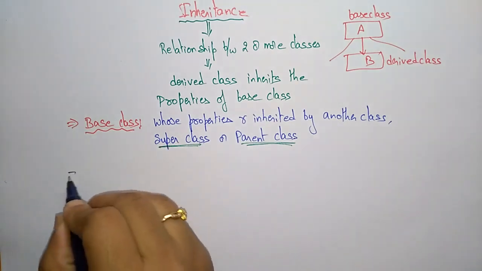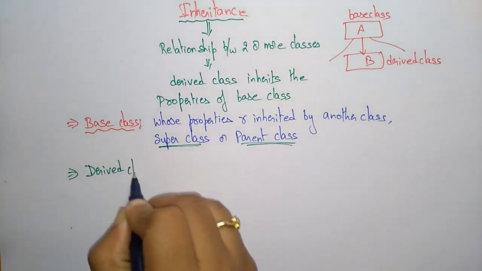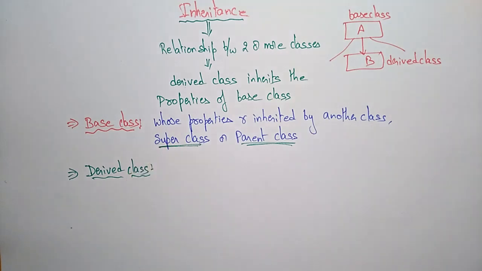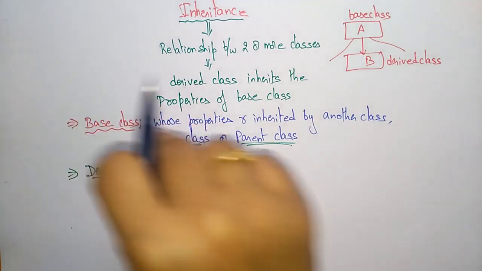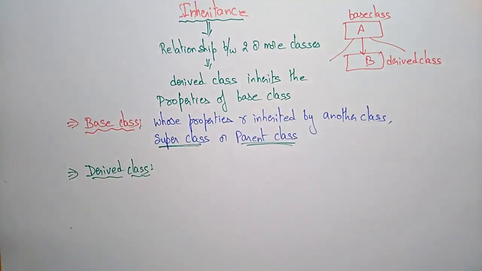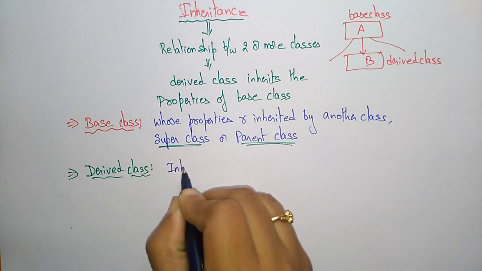Now coming to the derived class. Base class means its properties are inherited by another class, whereas the derived class is the class that inherits the properties from the base class.